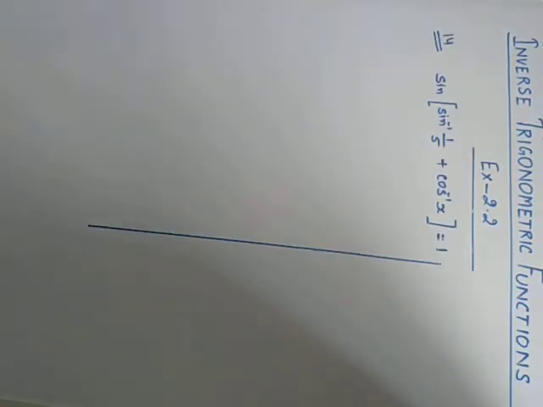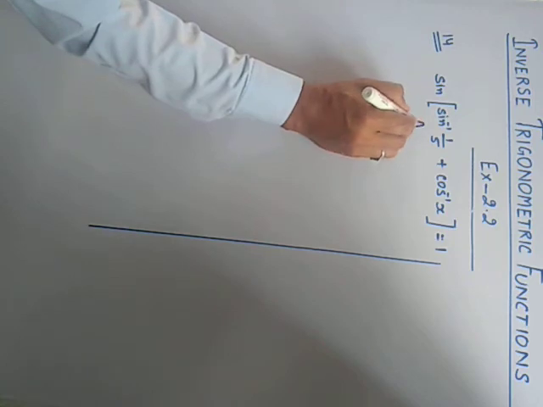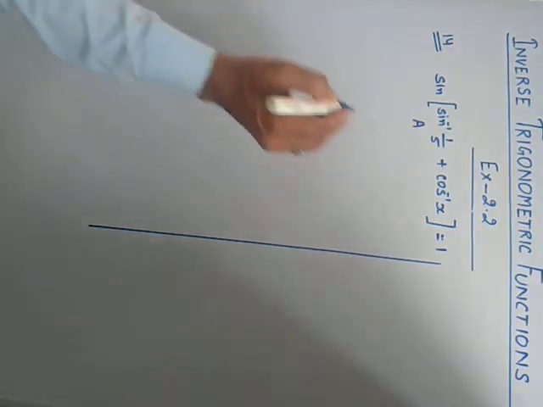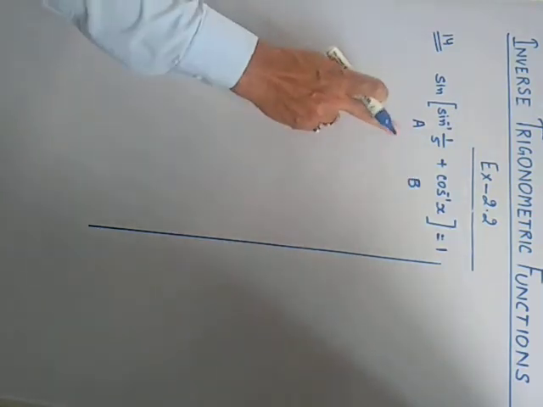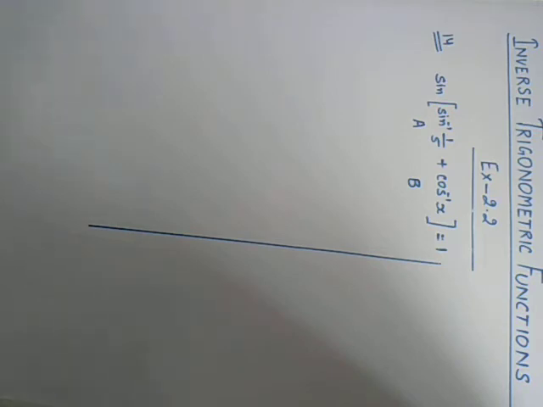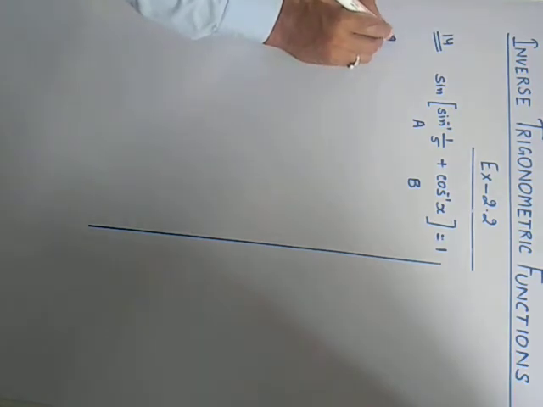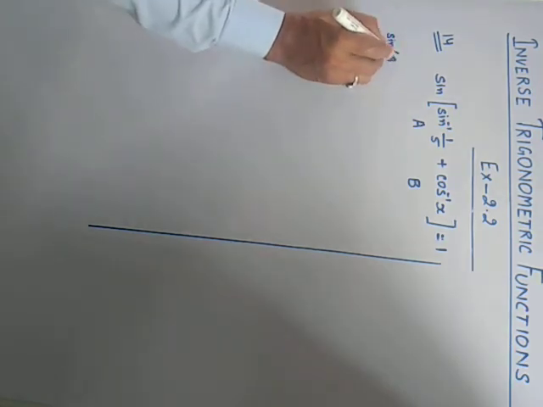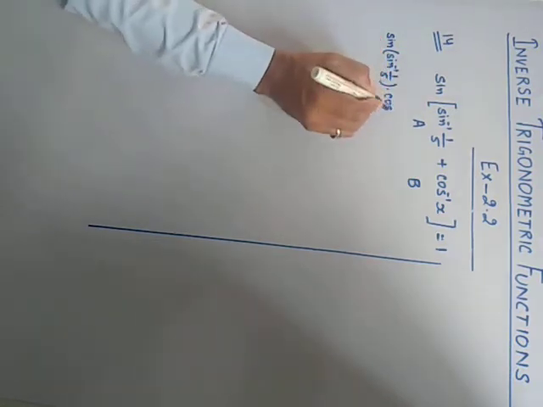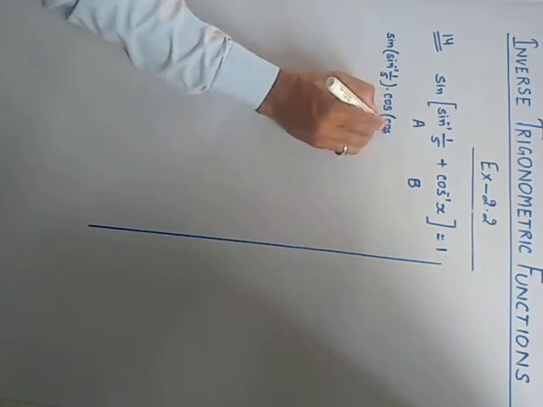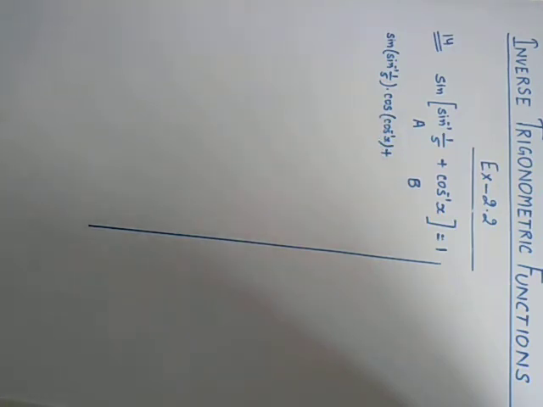In question number 14, we have to find the value of x. We will assume sin inverse 1 by 5 as a and cos inverse x as b. Sin a plus b. So the identity is sin a into cos b, so cos of cos inverse x, plus cos a into sin b.